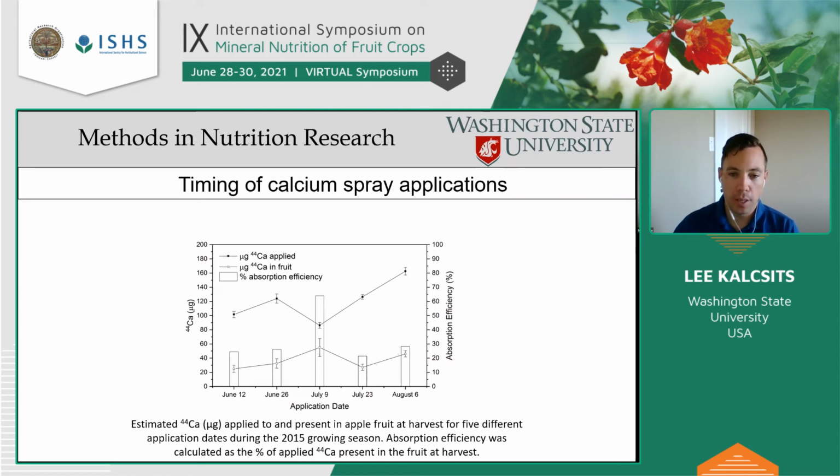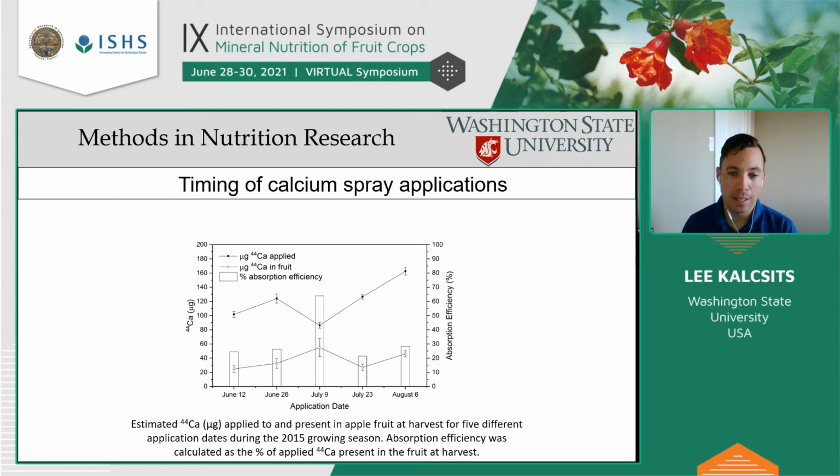So when you take 10% of 10%, that's 1% of the overall calcium applied to the orchard entering the fruit during that growing season. That's very low efficiency in increasing calcium. If you apply 15 kilograms per hectare of calcium over the course of a season, you'd expect 150 grams of calcium to end up in the fruit.